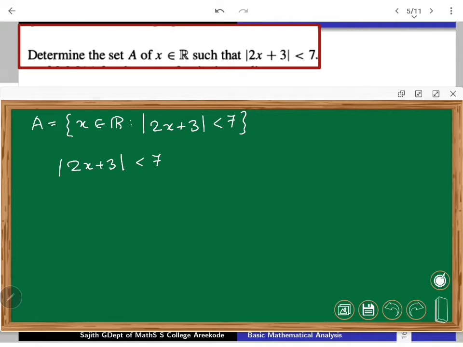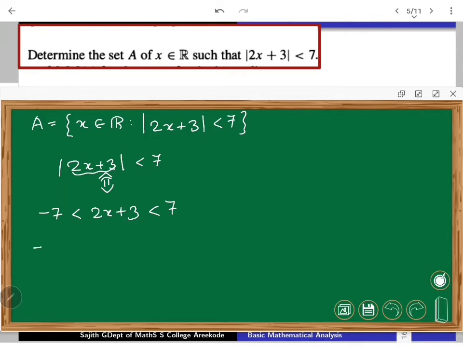What I know from before, I know how to explore this. So this modulus of something is less than 7. This is equivalent with the whole quantity being in between minus 7 and plus 7. So this is equivalent with minus 7 less than 2x plus 3, which is less than 7. But a moment's thought, I can just subtract 3 everywhere.